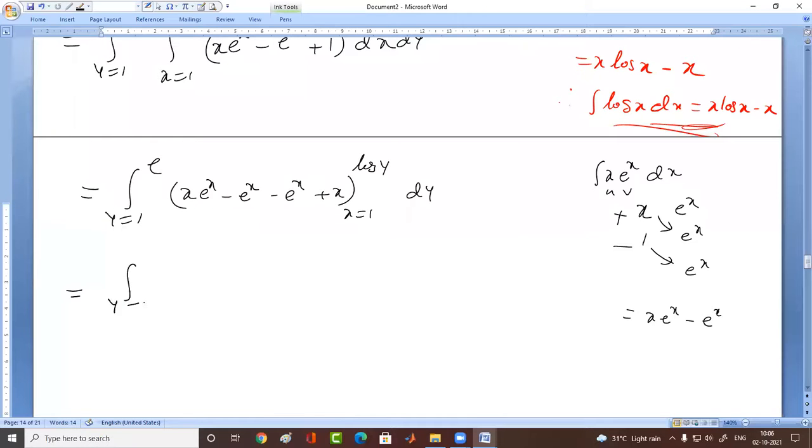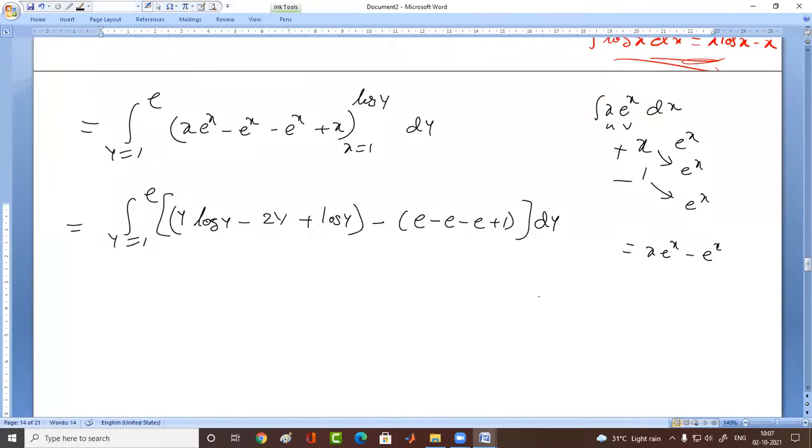Y is 1 to e, put x equals log y. So log y, e power log y is y, minus 2 times e power log y, which is y, 2 times, plus log y. Put x equals 1, and what happened? e minus e plus 1, dy.